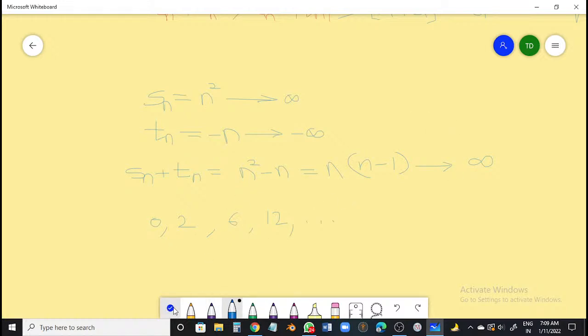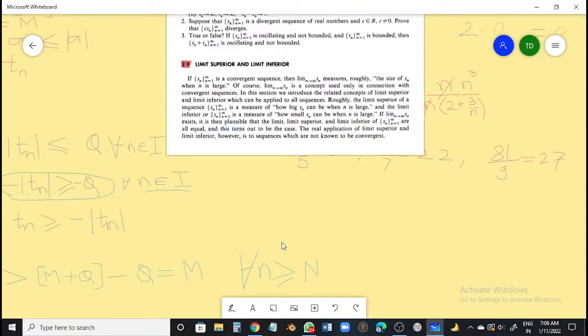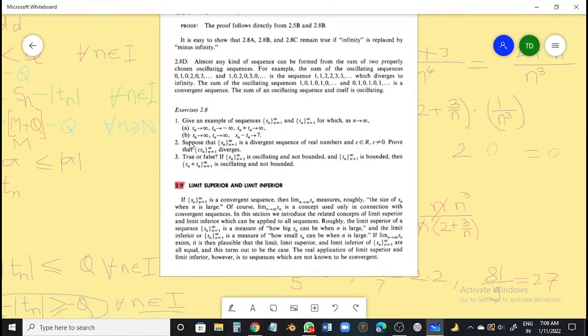So you can have such examples where Sn diverges to plus infinity, Tn diverges to minus infinity, still the sum is diverging to plus infinity. This kind of examples you can construct. There was another question. Sn diverges to infinity, Tn also diverges to infinity, but Sn minus Tn converges.